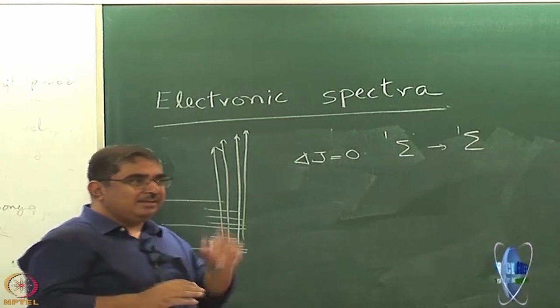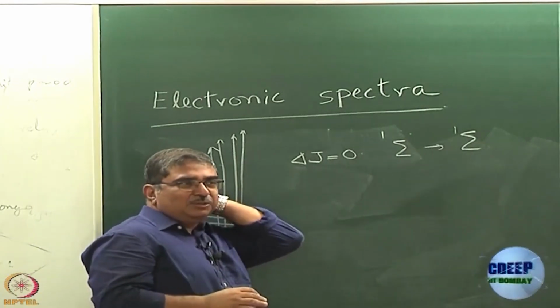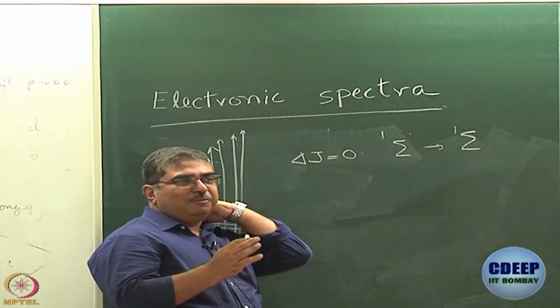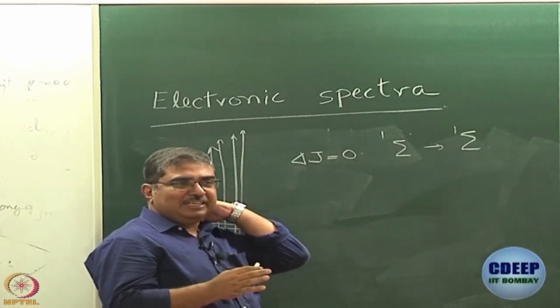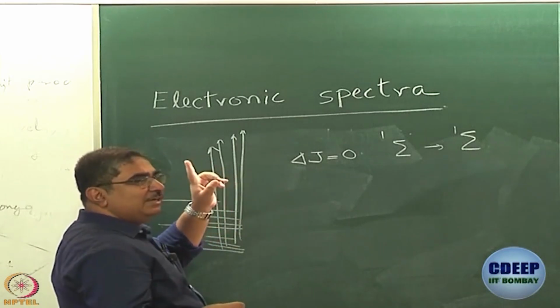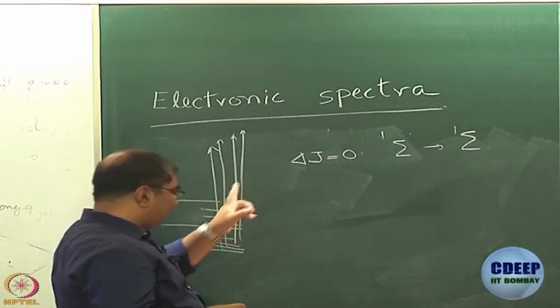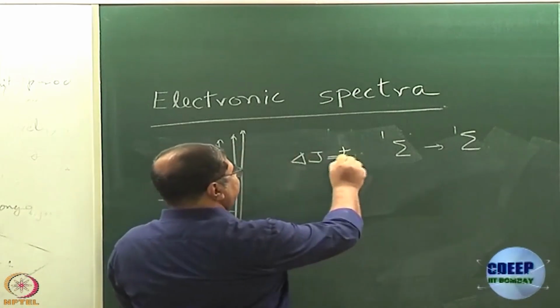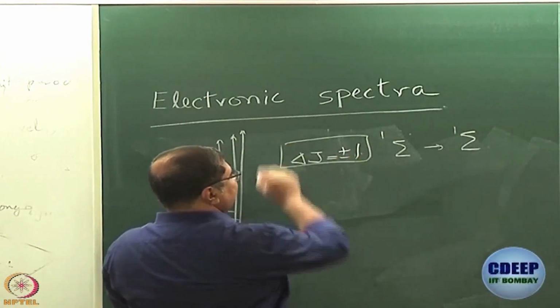Okay. We will elaborate upon this a little bit later on. Those of you who have studied LS coupling and all would perhaps already know that the ground state is singlet sigma. So, this is the selection rule, delta J equal to 0, no, what am I writing, sorry, delta J equal to plus minus 1 for singlet sigma to singlet sigma.